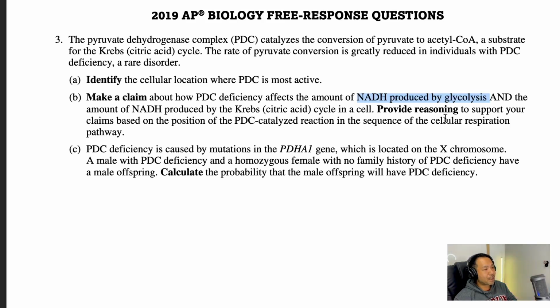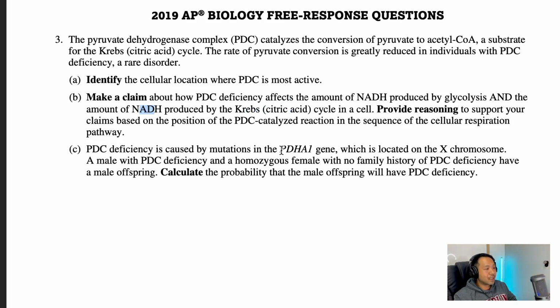But the amount of NADH produced by the Krebs cycle certainly will be, because remember that acetyl-CoA, in the simplest sense, feeds into the Krebs cycle, or at least the 2 carbons anyway. So if we have less acetyl-CoA, we're going to have less Krebs cycle, we're going to have less NADH.